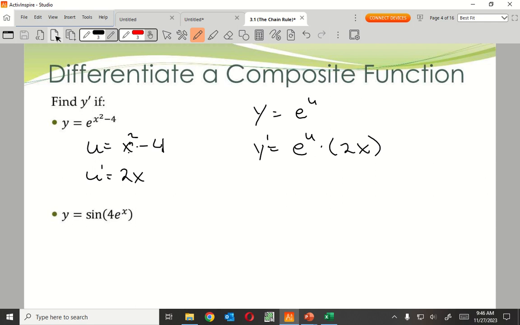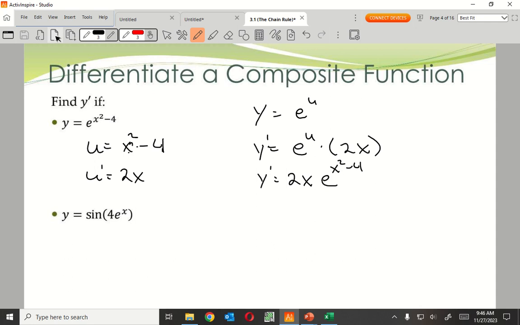So we labeled it as u, got my u prime, and then u sub back. So y prime is going to be 2x e to the x squared minus 4. Not too bad, right?